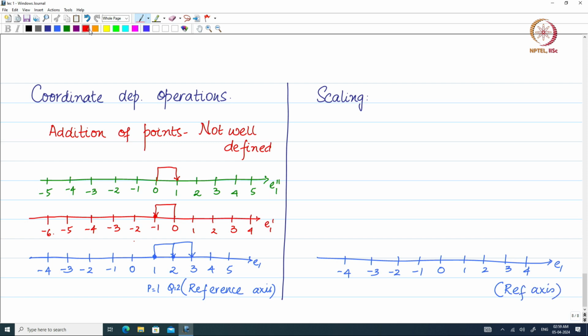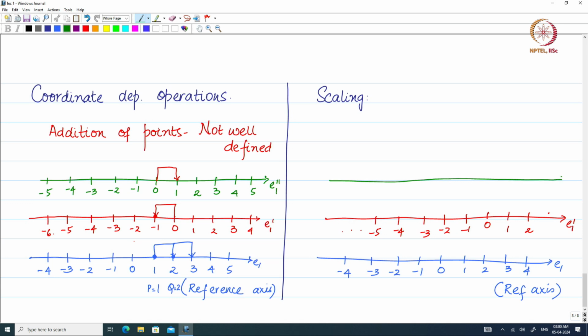I will choose the same thing like red, another axis where I have shifted it by 2 units. The origin gets shifted by 2 units. Let me call this E1 prime. So the origin is now at this one, this is 0, this is 1, this is 2, and so on. This is going to be minus 1, minus 2, minus 3, minus 4, minus 5, and so on. And I am going to have my green, in which the axis is left shifted by 1.